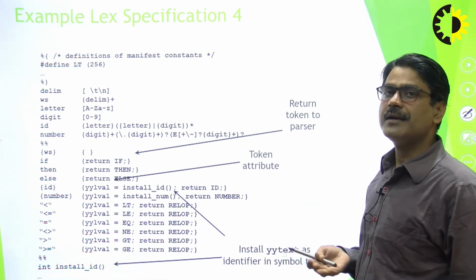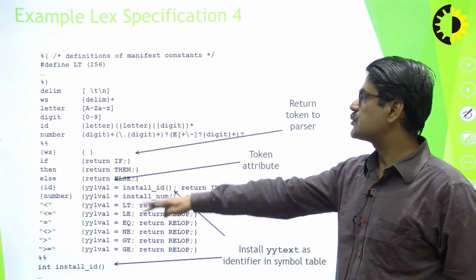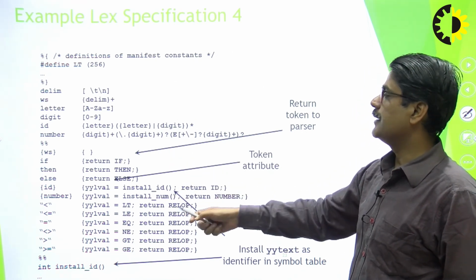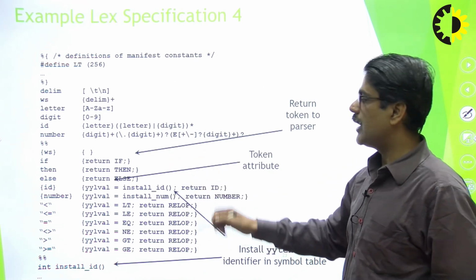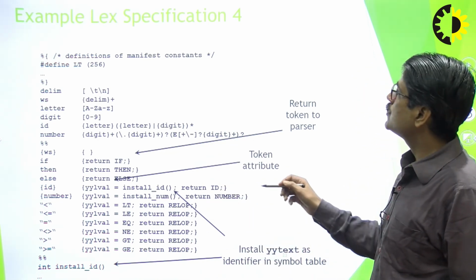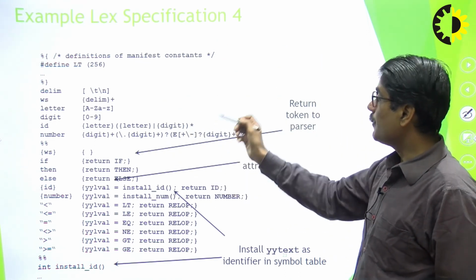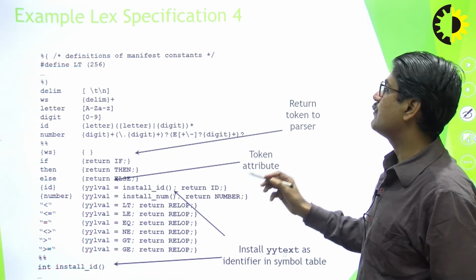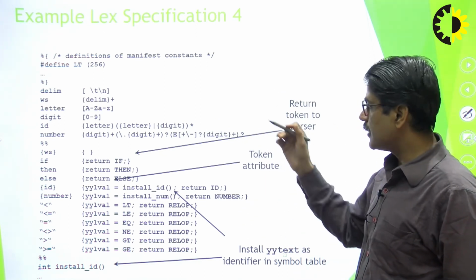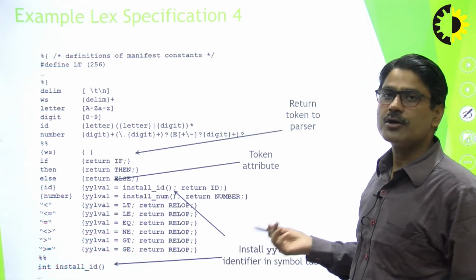So here the symbol table is used for storing that. Then less than, equals to. So this is the complete program where you get keywords, identifiers, numbers, and relational operators also. So you have seen that a Lex specification contains 3 parts: regular definitions, translation rules, and the last one, auxiliary procedures.